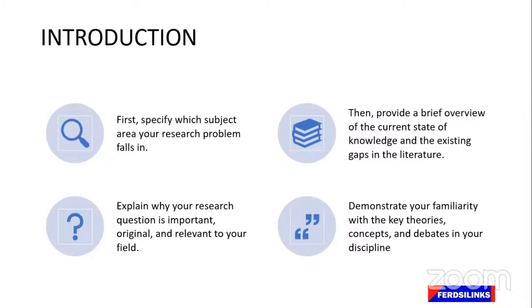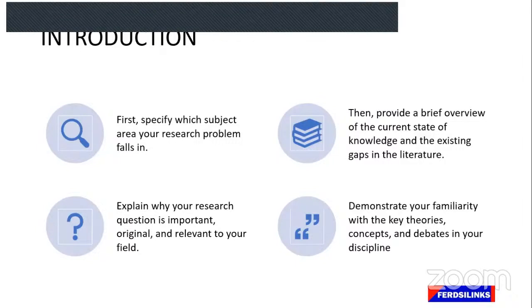Now, then we talk about objectives. All along, we are trying to say we have identified an issue, we have examined the existing literature and discovered that there is a need to fill this gap by conducting a study.